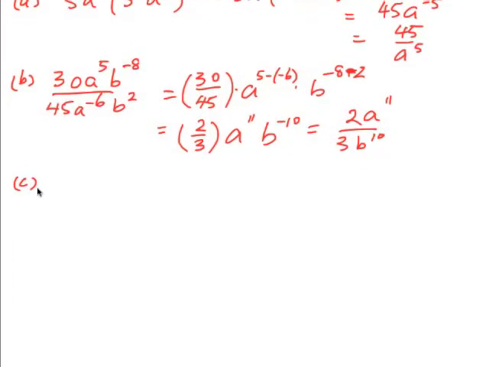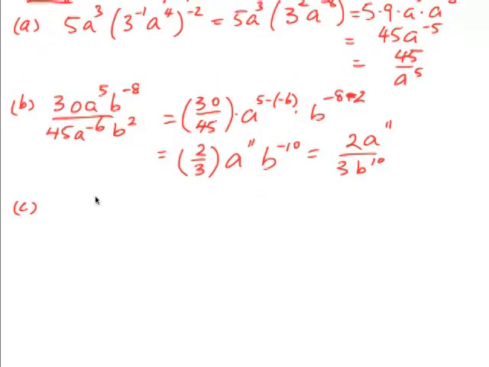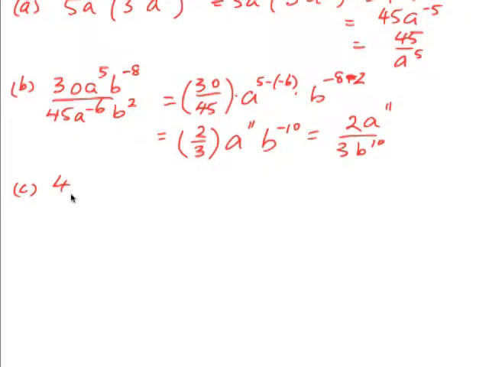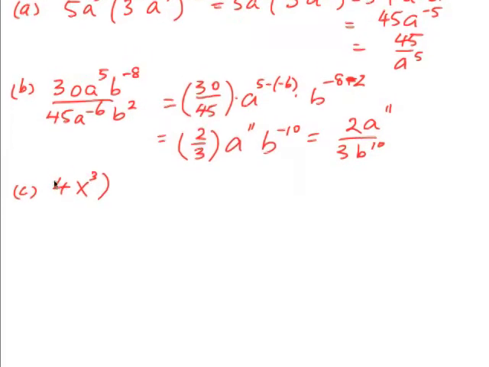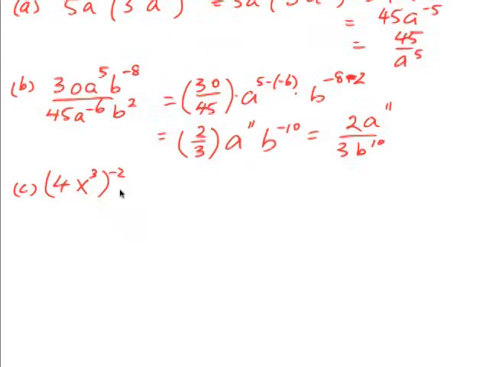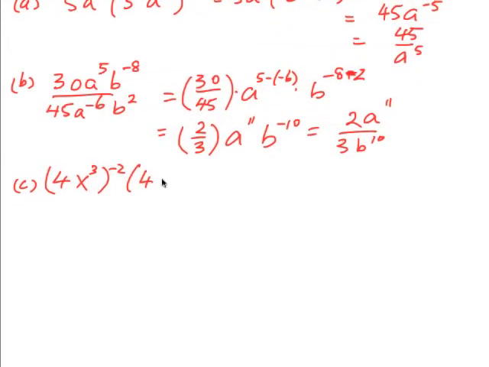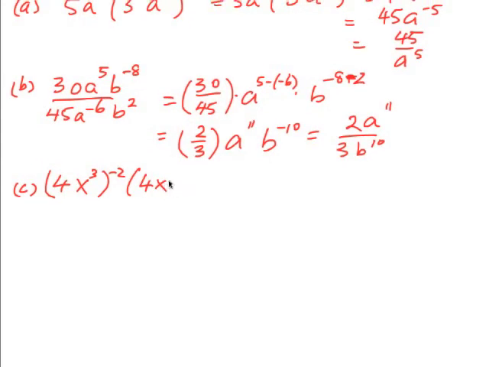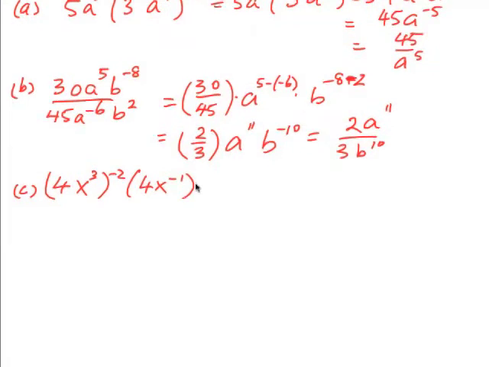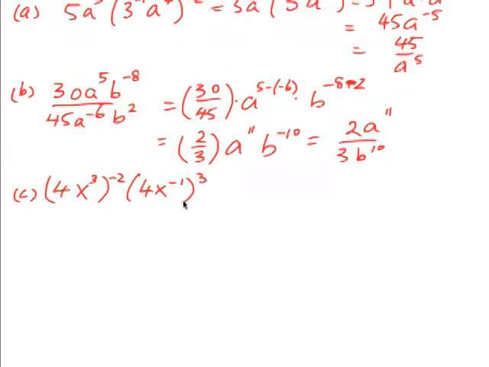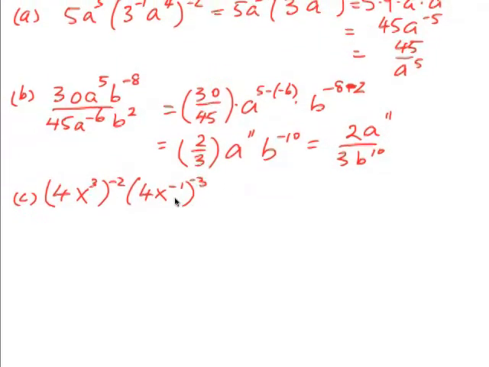Alright, let's do one more. Okay, suppose we have something a little more complicated like this. We have 4 x cubed to the negative 2. And let's suppose we have 4 x to the negative 1 cubed. Let's make it a negative cube.